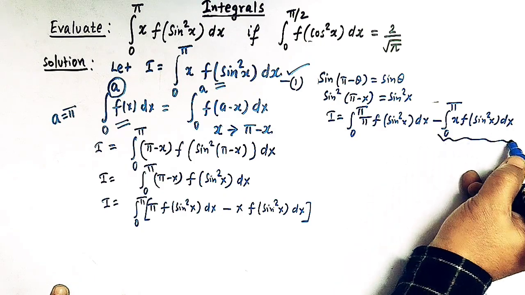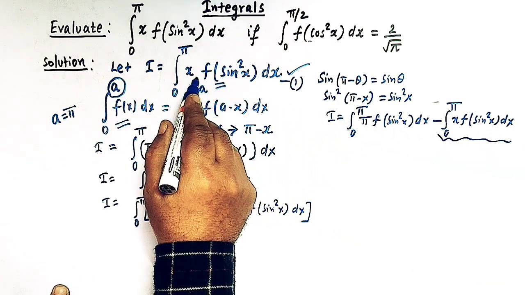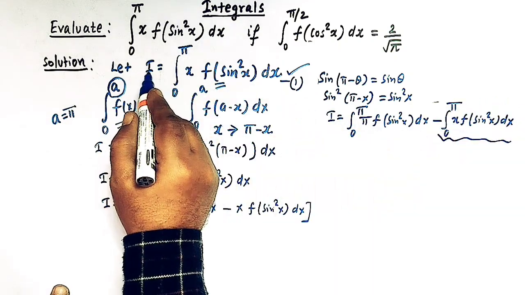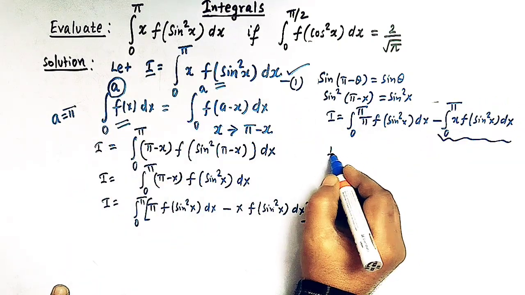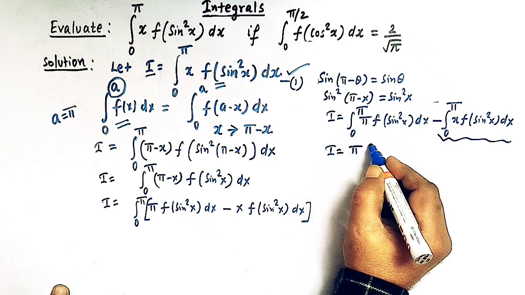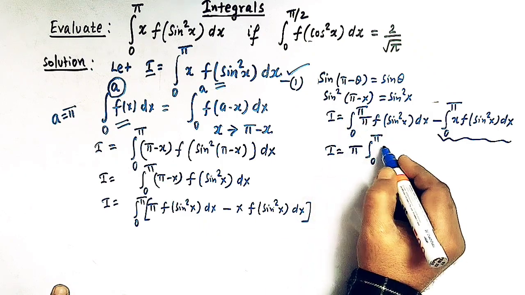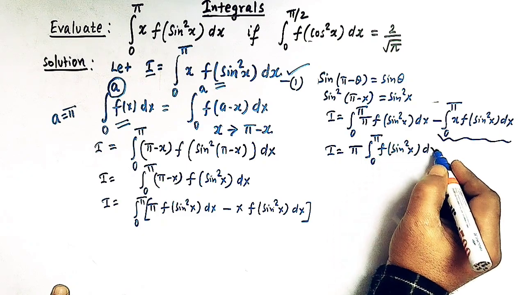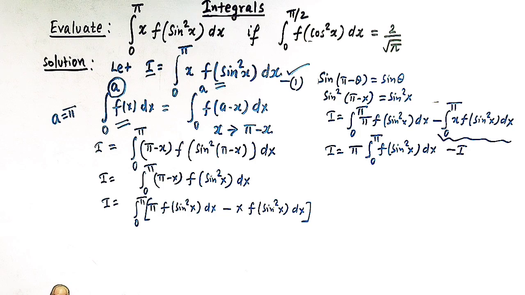Now this integral is our original integral, right? So we can replace this integral by simply I. So we have I is equal to pi, taking pi outside the integral, 0 to pi of f of sine square x dx, and here we have minus I.